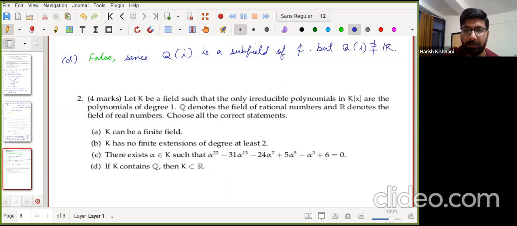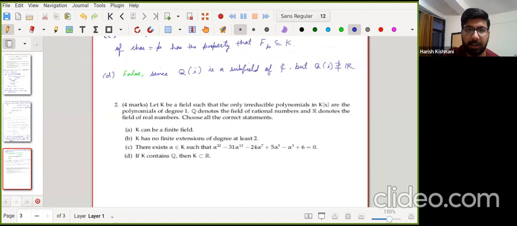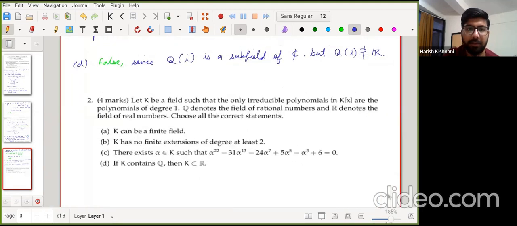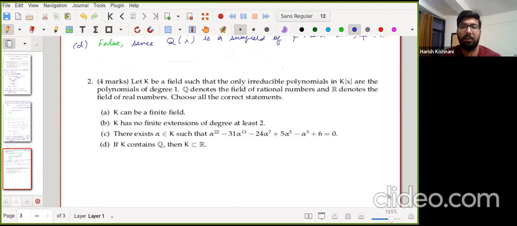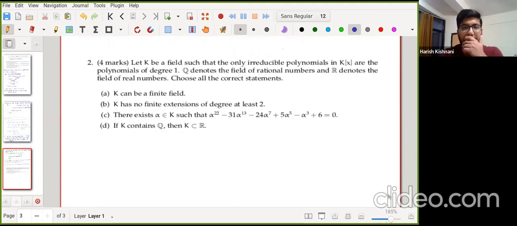Now, first thing it says, K be a finite field. So, yes, if you have any idea about it, then you can say. Otherwise, I will start solving it.